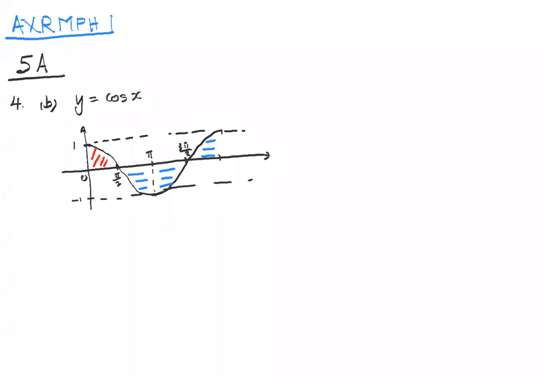Okay. So now, if I ask for the area bounded by the curve from 0 to pi by 2, cos x dx, I'm referring to the red area. Clear?